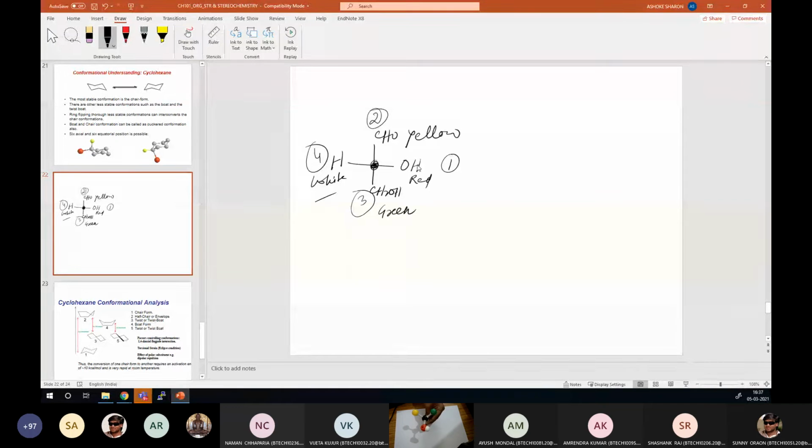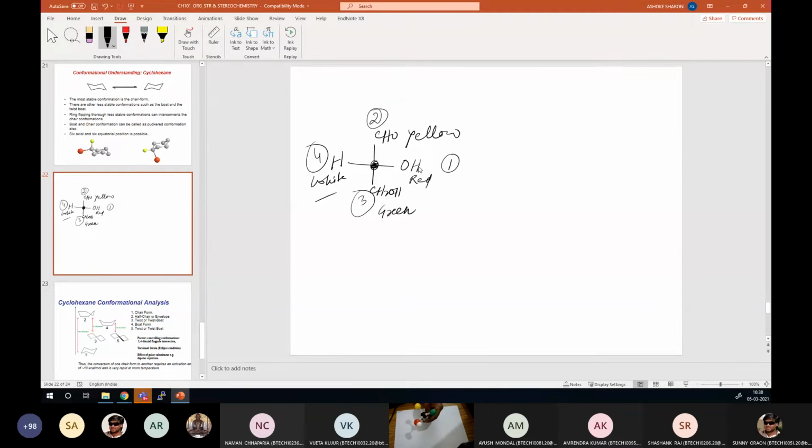Because it's behind the carbon, so it's away. Now tell me, is this clockwise or anti-clockwise, as per priority? You have to see from there. How come anti?